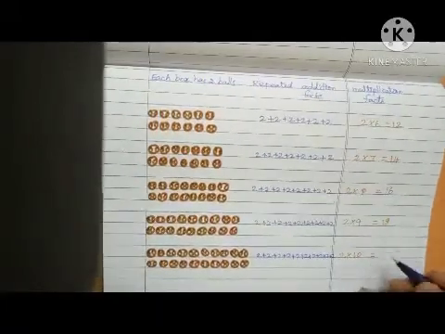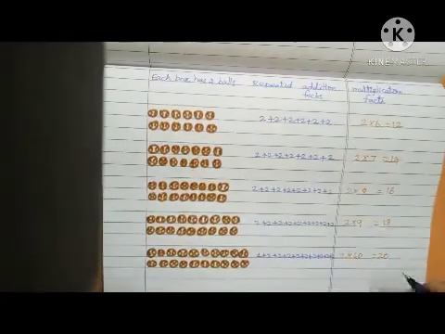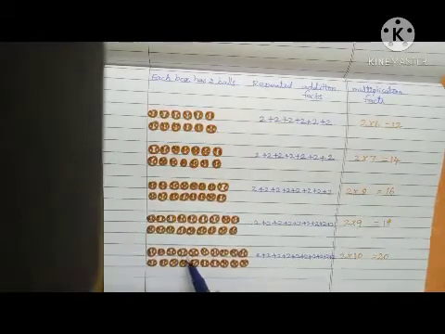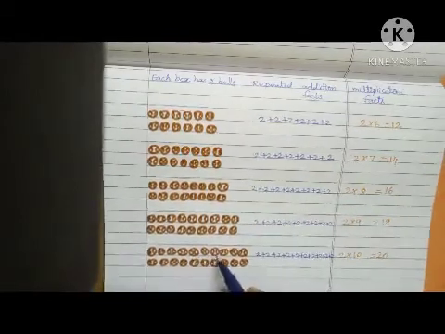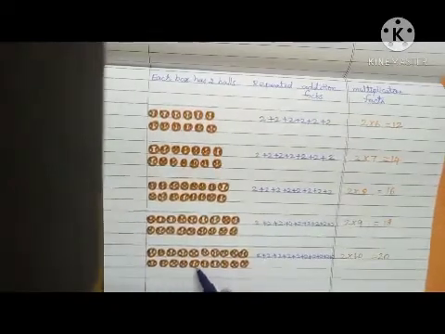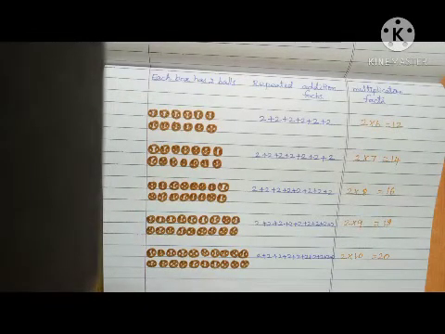So 18 plus 2 you added and now get 20. Totally you count it and get 20. So totally 20 balls. So this is the 2 table.